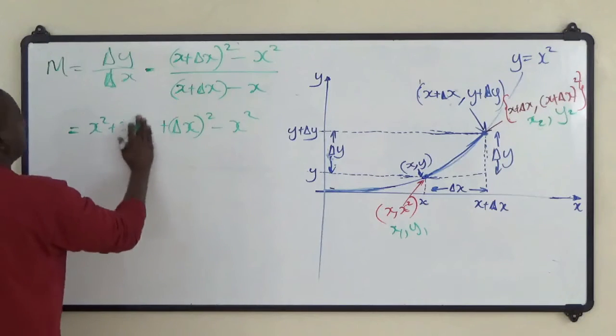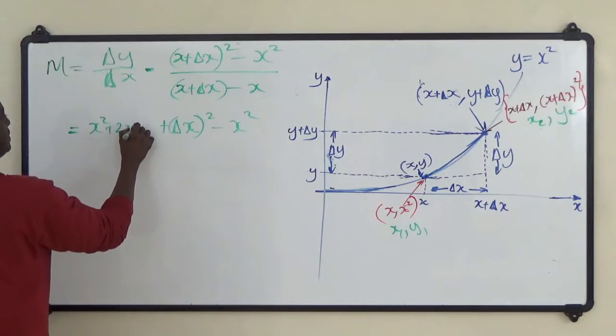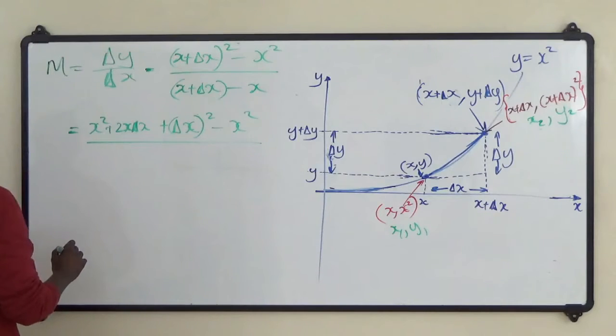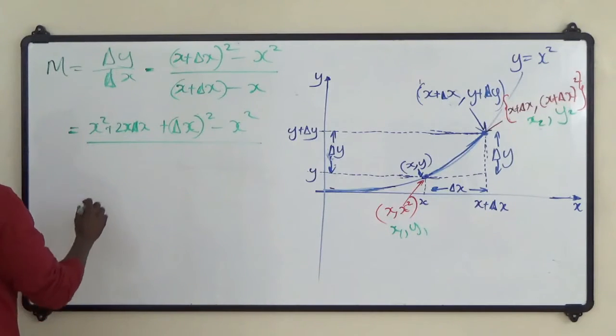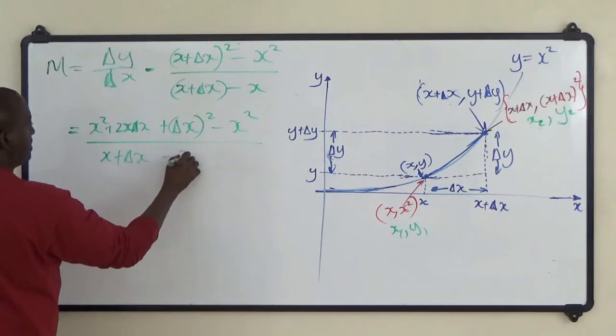It's 2x delta x. x squared plus 2x delta x all over x plus delta x minus x.